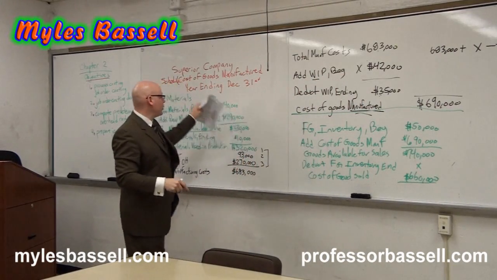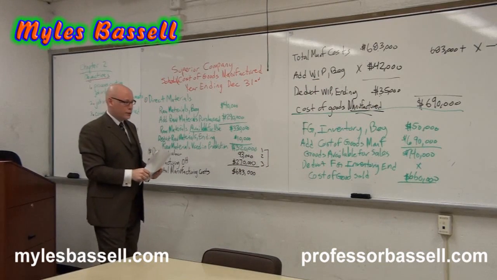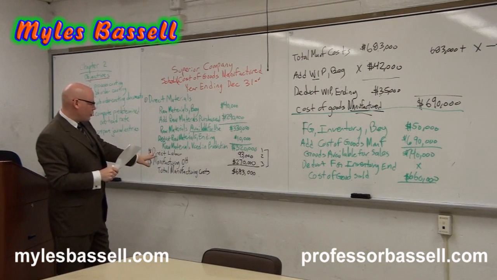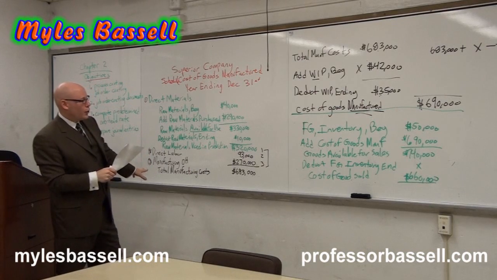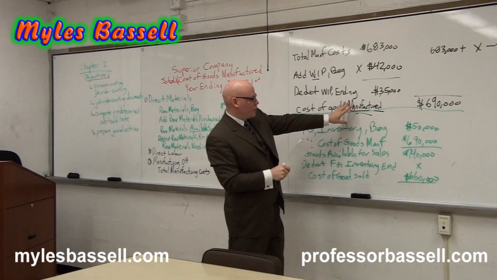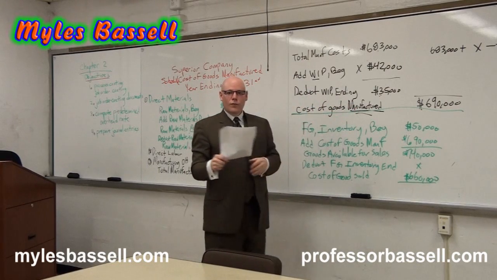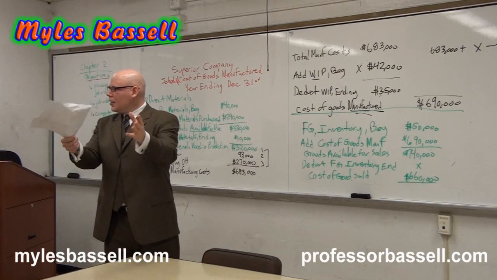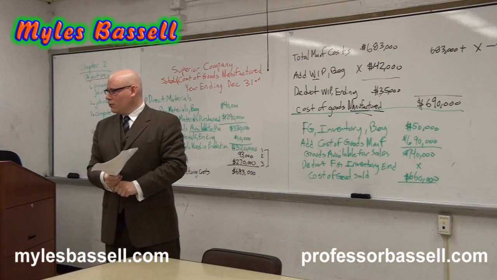That's what this was all about, the schedule of cost of goods manufactured. Direct materials, direct labor, manufacturing overhead gives us a total manufacturing cost. And then we end up with the cost of goods manufactured. But remember that at the end of the period, we have a certain amount of sales.